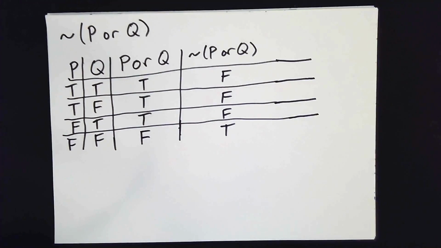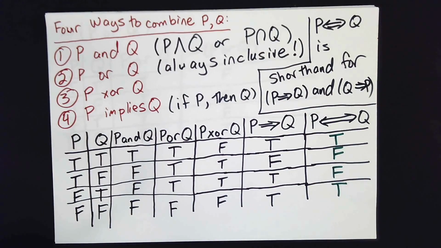And here, it might be really helpful in thinking about what we want to look for to think about how many truths there are in a particular column. So ORs always have 3 truths. This not P or Q only has 1 true. We can look back at our table.